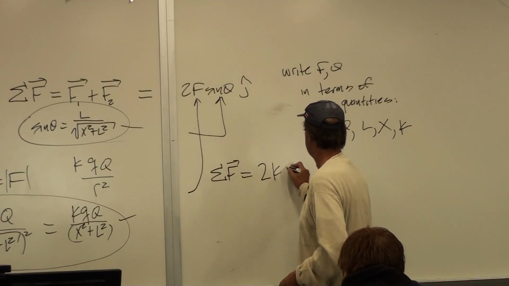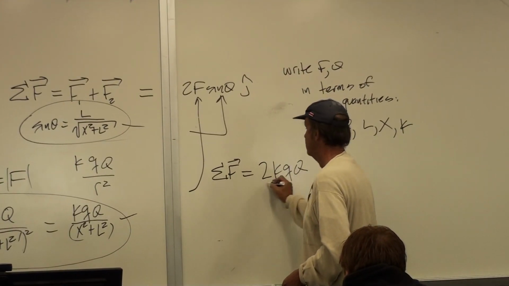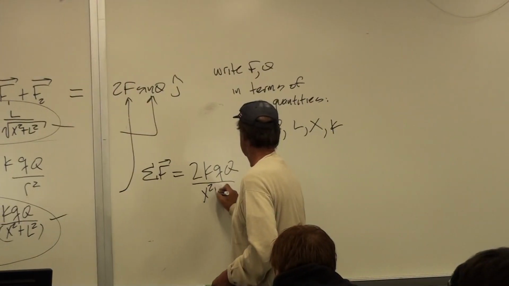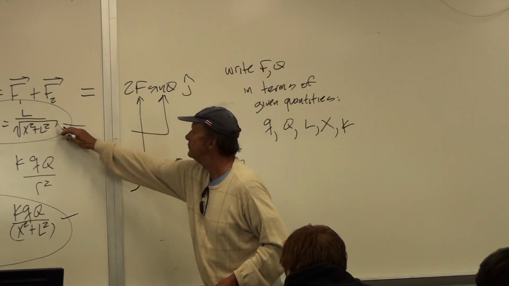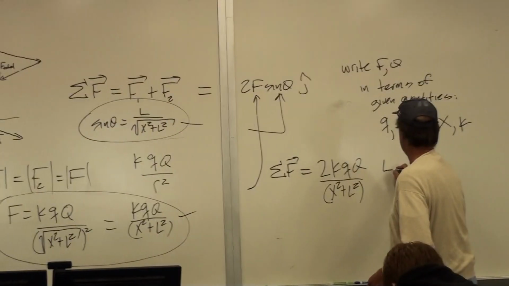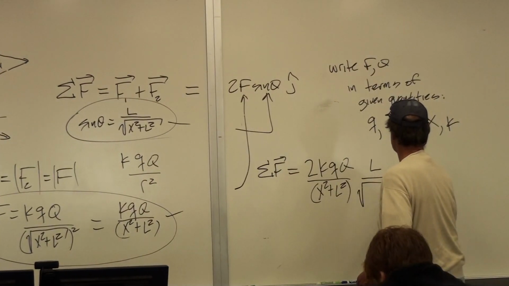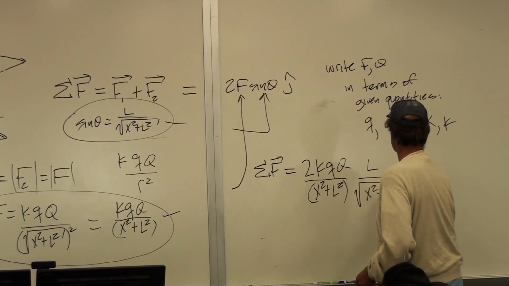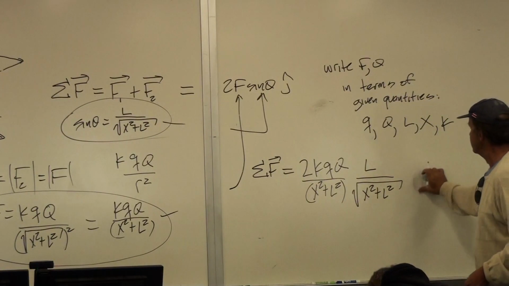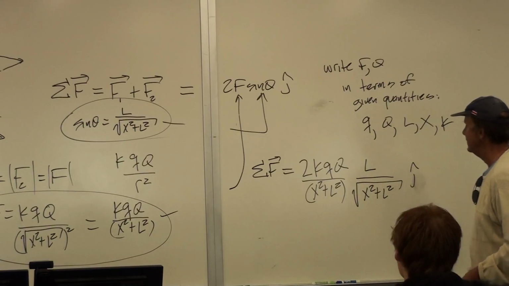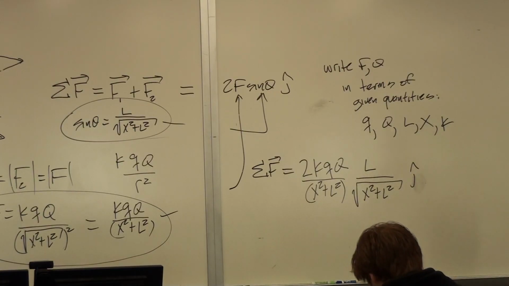This is 2k little q big Q divided by x squared plus L squared times sine theta, L divided by square root x squared plus L squared. So we're getting really close now, but we're not quite there. We need to simplify this a little bit.